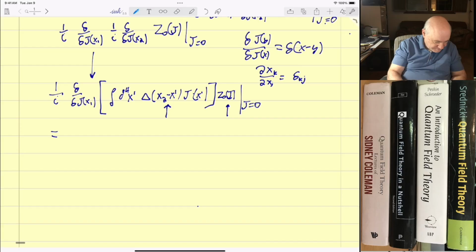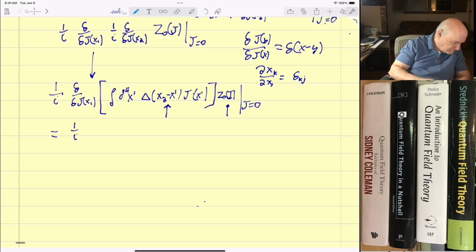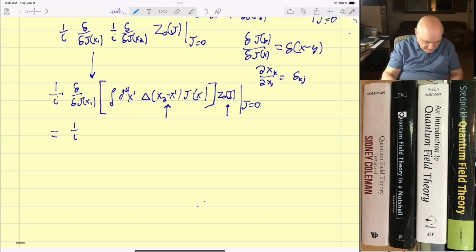So now I get 1 over i, so when I take delta over delta J(x1) with the J(x prime), I get a delta function, delta(x prime minus x1). When I integrate over x prime, I just get x1. So I'm going to get 1 over i Feynman propagator (x2 minus x1). Okay, that's good.